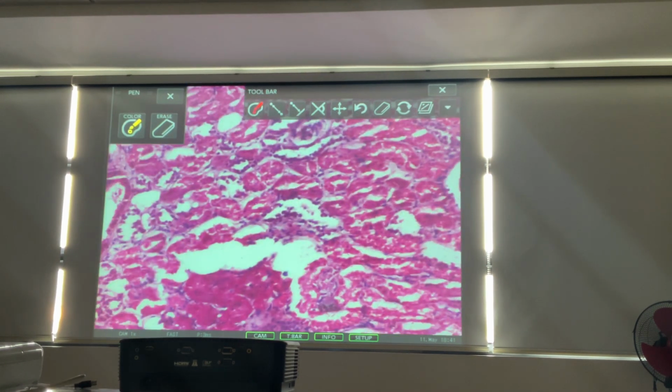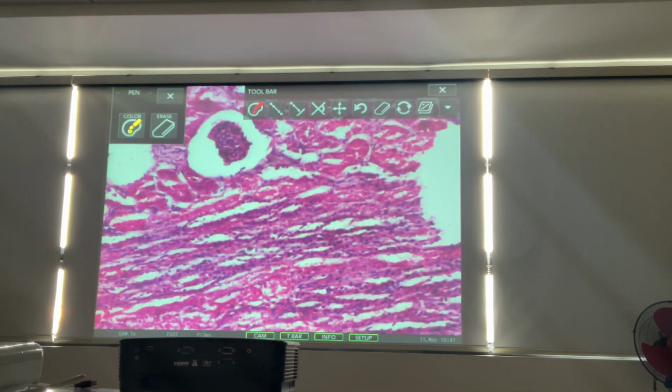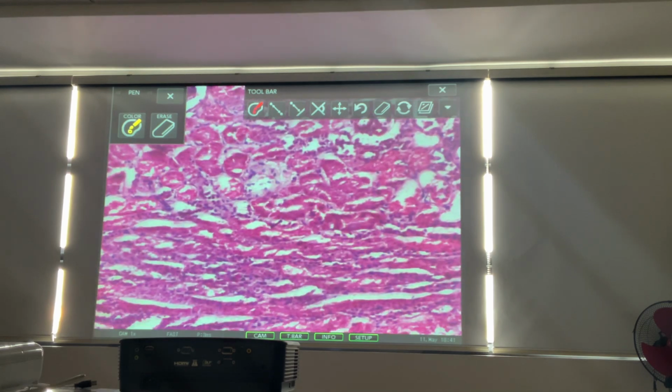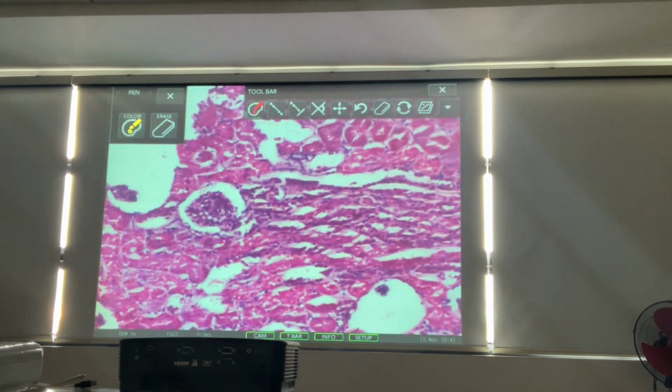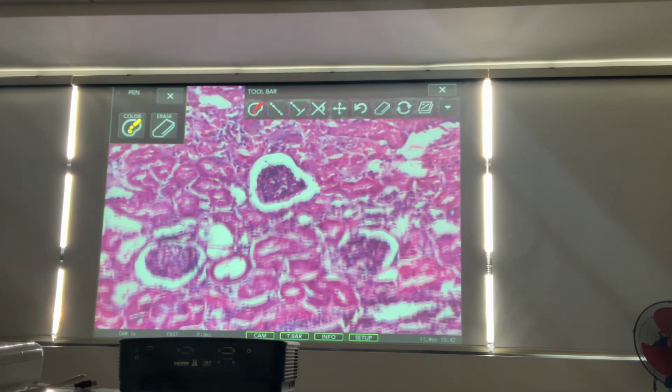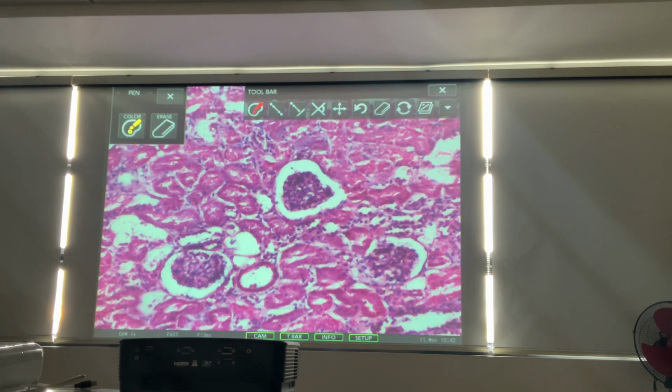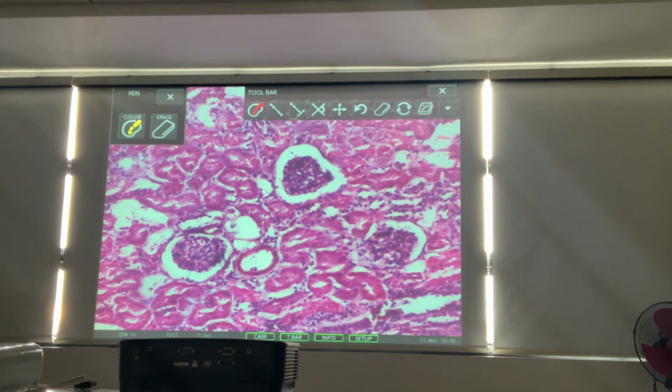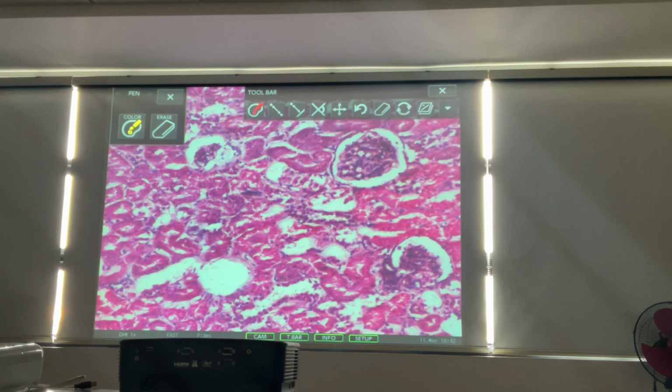So hypercellularity in all. You would see this often in autoimmune diseases. So if you look at this slide, that's diffuse.